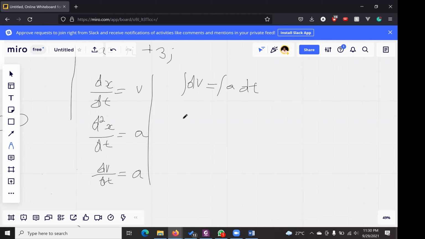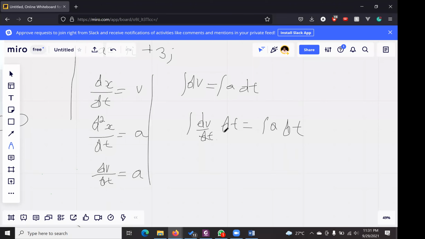So I could have also said this. It would have given us exactly the same thing. Reason being is that the dt here would cancel.